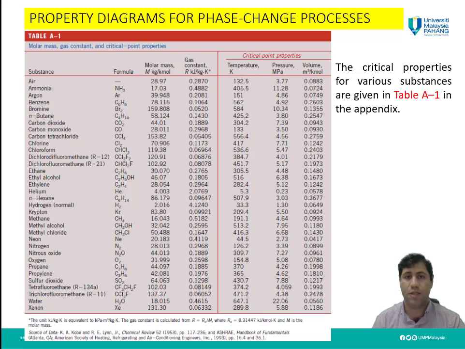But what is important for us in this session are these three properties: critical temperature, critical pressure, and critical specific volume. These three characteristics are for the critical point, where we have saturated liquid and saturated vapor, for each one of these substances. This is important later for some other calculations in future chapters.